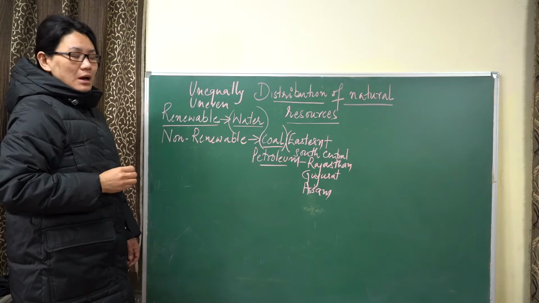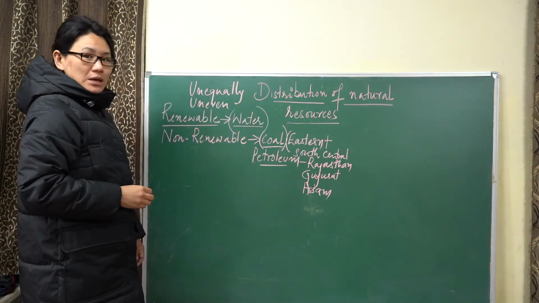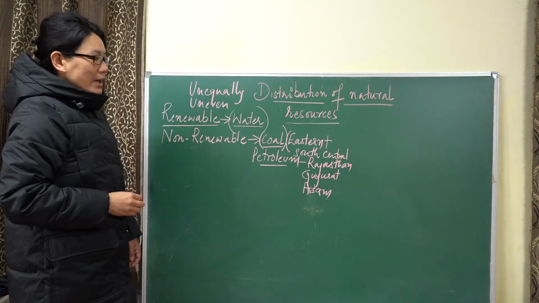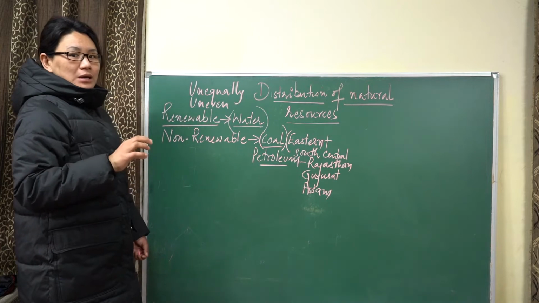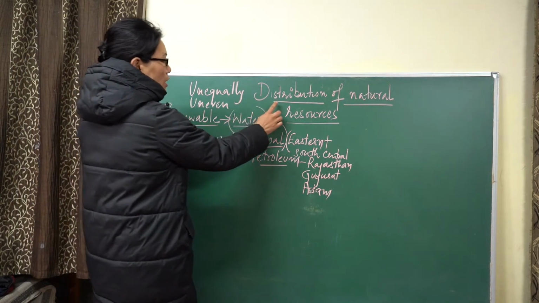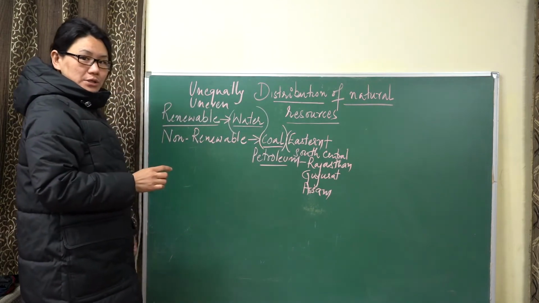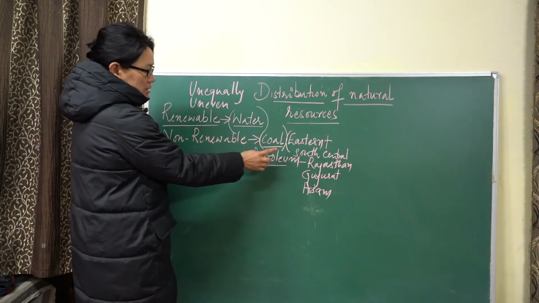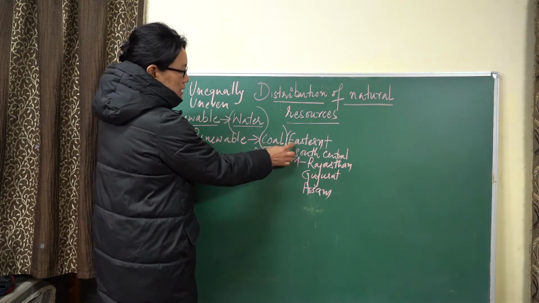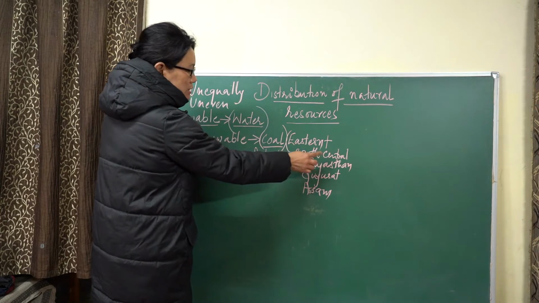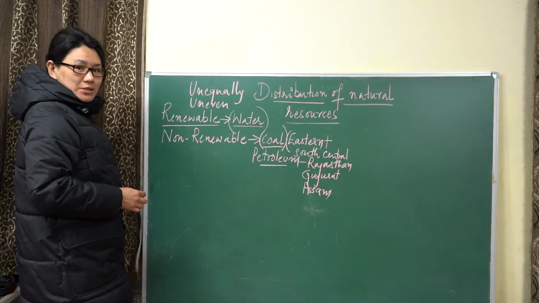What does it mean? When we say uneven distribution of natural resources, it means that resources which are there in India are not equally distributed. In some places, for example, as I said, coal is found in the eastern and south central part of India, Jharkhand, Chhattisgarh.